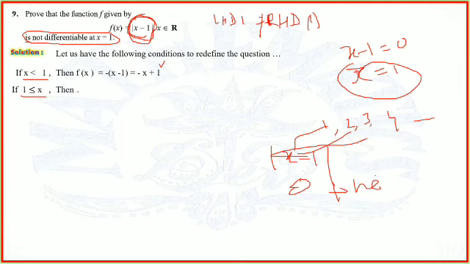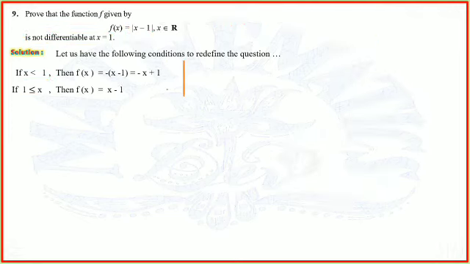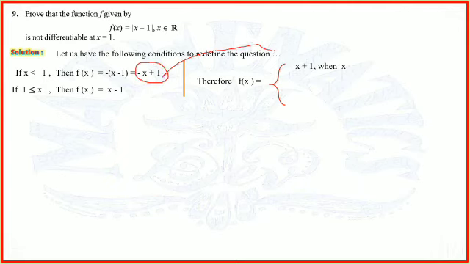So then f of x will be positive only, x minus 1. Remove the modulus function. So we write in general form, therefore the function equals minus x plus 1 when x is less than 1, and x minus 1 when x is greater than or equal to 1.